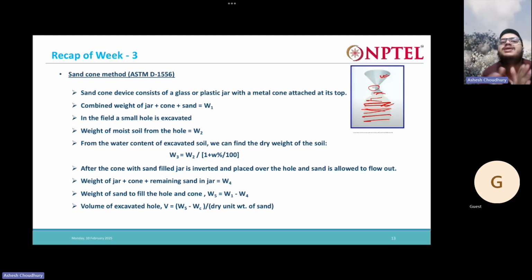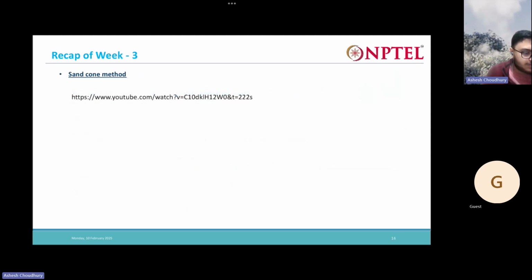You need to measure WC beforehand in the lab: you put a glass plate, place the inverted apparatus over it, open the valve, let the sand come out, close the valve, move the apparatus away, and measure that sand. You need to know the dry unit weight of the sand you are using, and dividing by it gives the volume of the excavated hole easily.